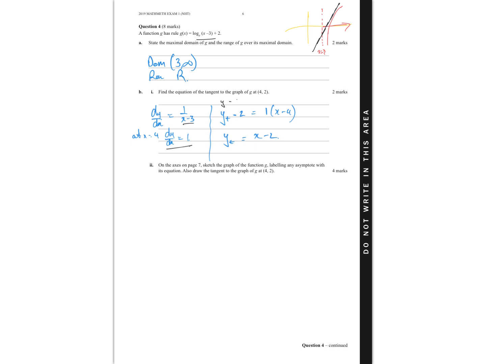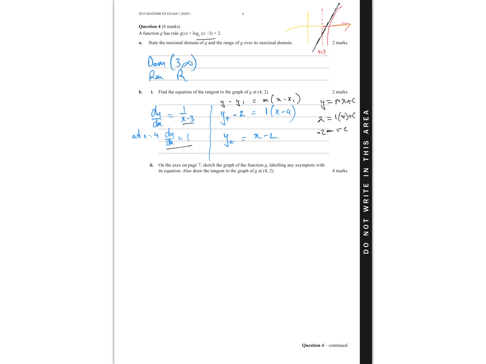So I've just used y minus y1 equals m times x minus x1. Obviously we can use y equals mx plus c. The y value is 2 equals 1 times x, which is 4, plus c. So c equals -2. And so we get y equals x minus 2.